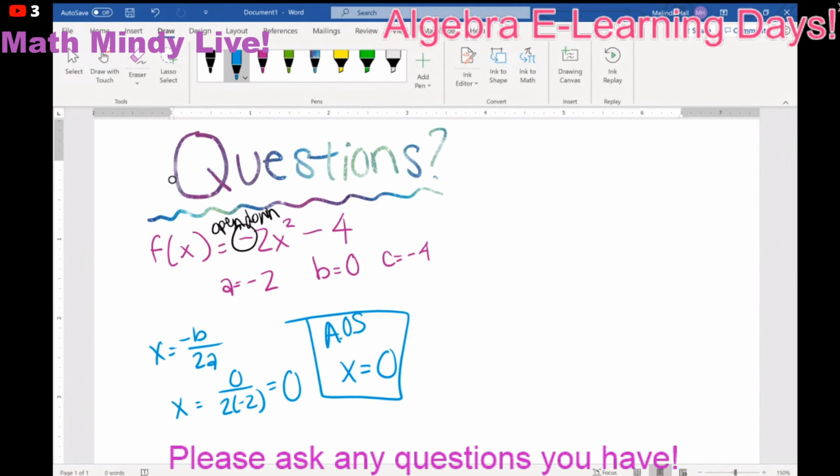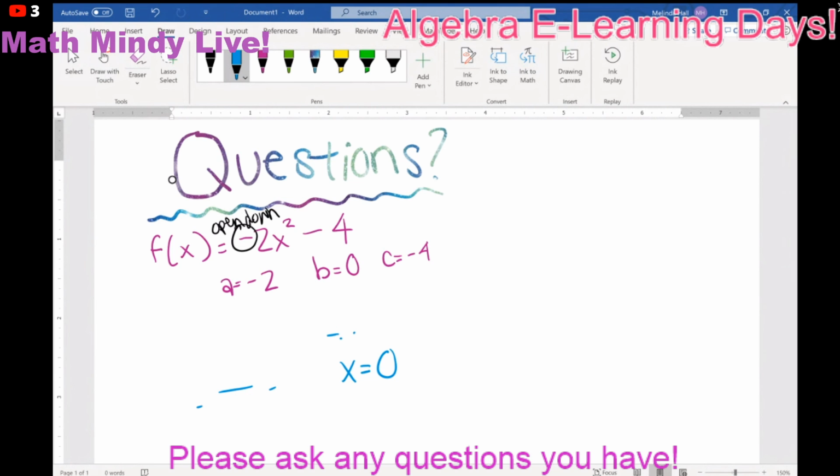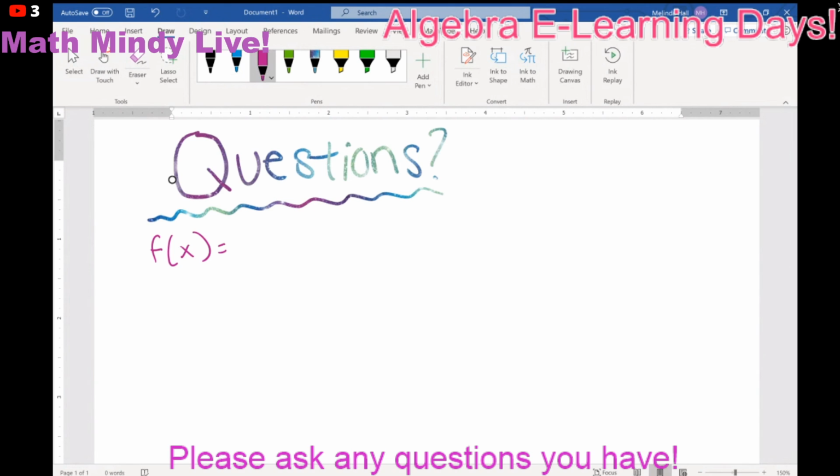Erasing all of this. All right, so if we do one more, let's say 2x squared minus 4x, and we'll do -1. Why not?